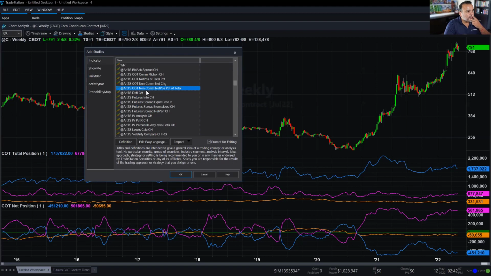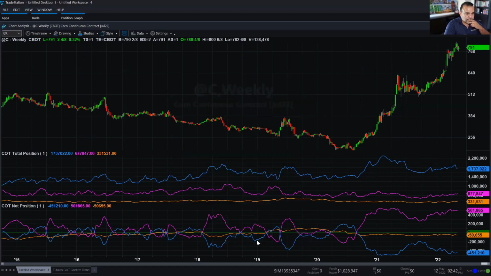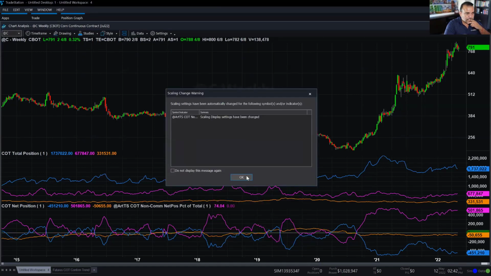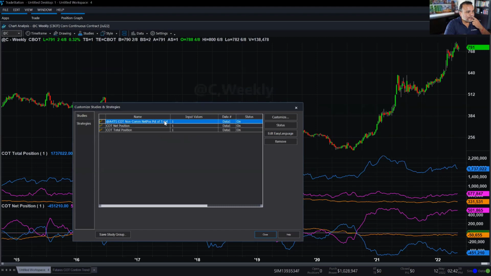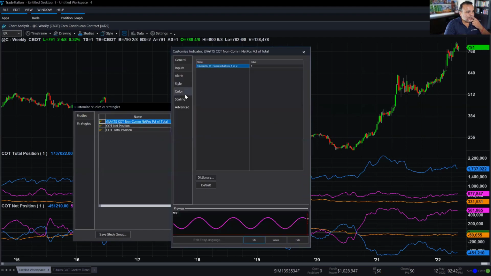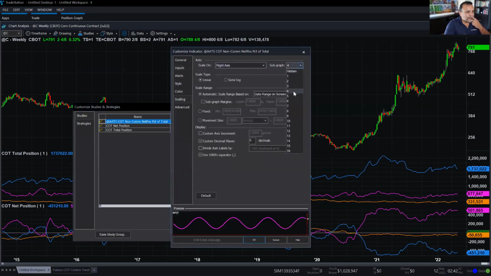It's called non-commercial net position percent of total. And I think it's in here. It just went to a separate subgraph. So let me go here to studies, edit studies, customize, scaling. I'm going to go to subgraph 5.